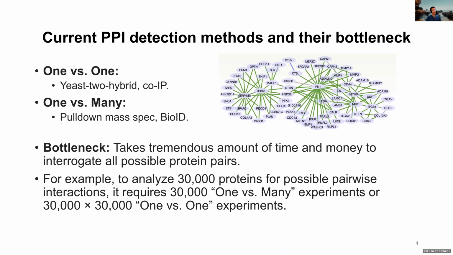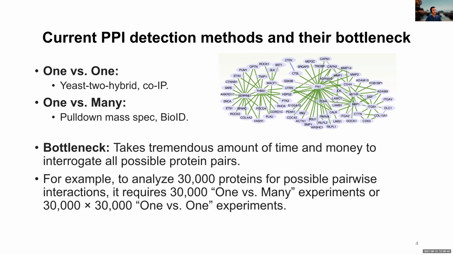For example, a 1-to-1 method would test one edge between two nodes, one edge between two proteins at a time. For example, a co-IP experiment may test a potential interaction between the SERPINE1 protein and the THBS1 protein. So if we wanted to test all possible protein-protein interactions, it will take many, many parallel experiments.